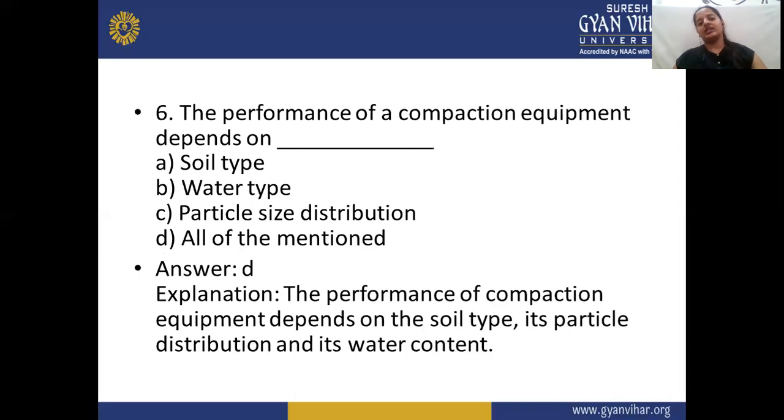So all these are interconnected and extremely important to understand for achieving extreme compaction. So the answer is D, and the explanation is the performance of compacting equipments depends on the soil type, its particle distribution and its water content.